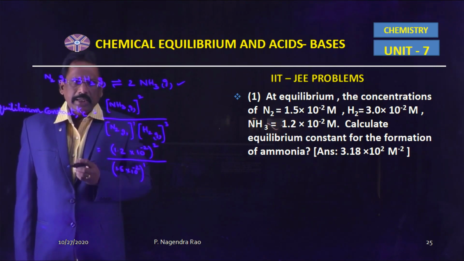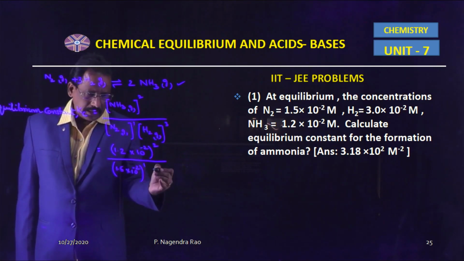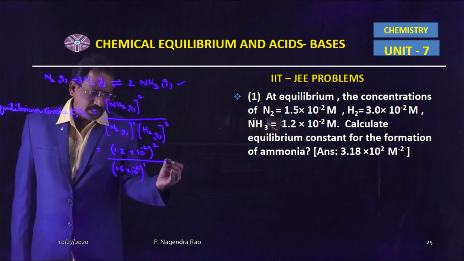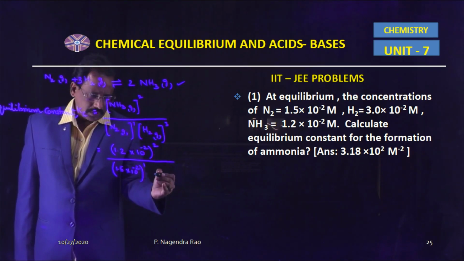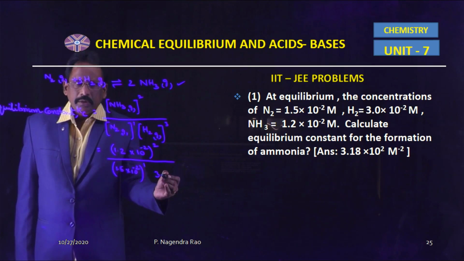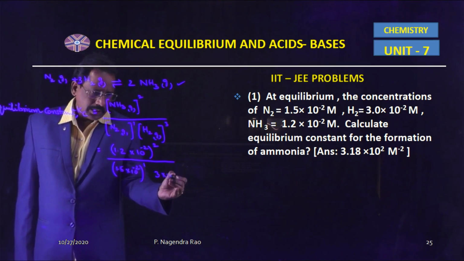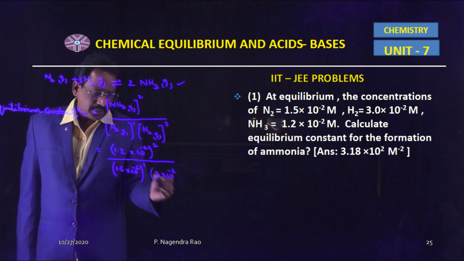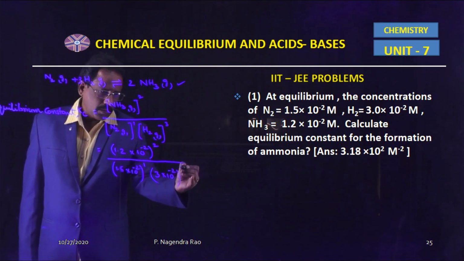Now at equilibrium conditions, the active mass of hydrogen is 3 into 10 power minus 2, whole cube.